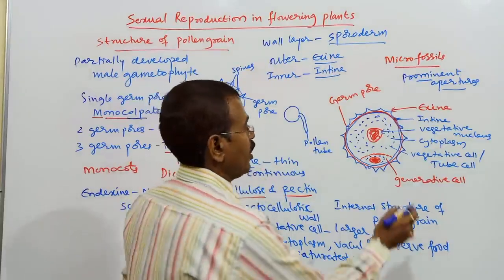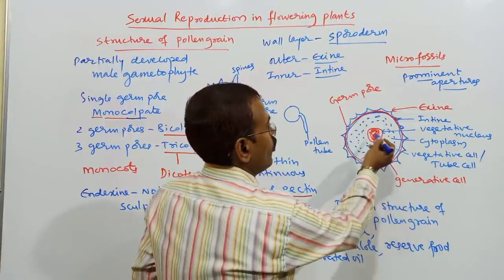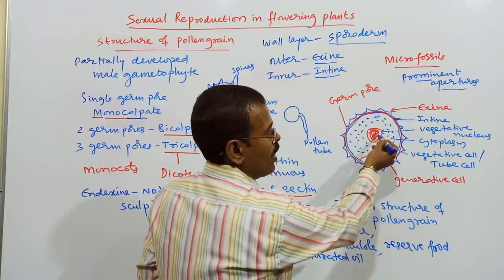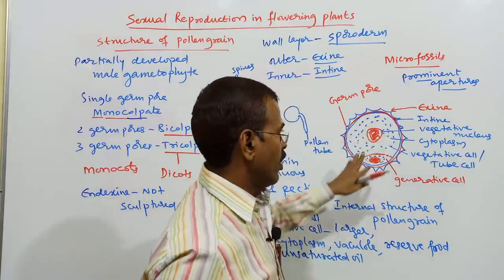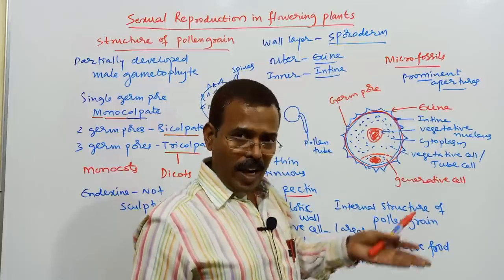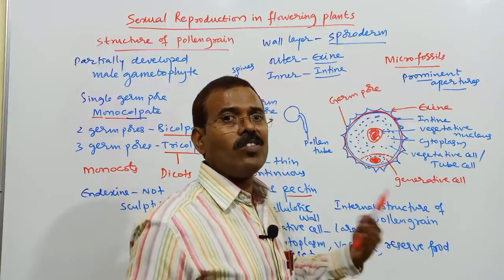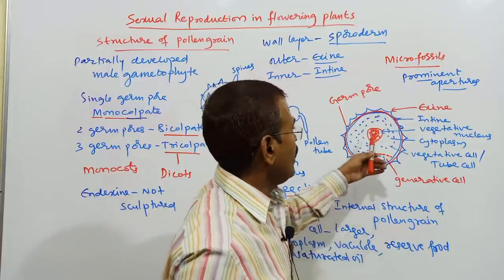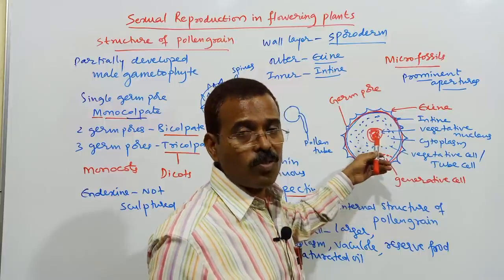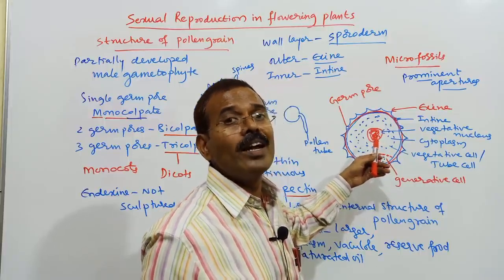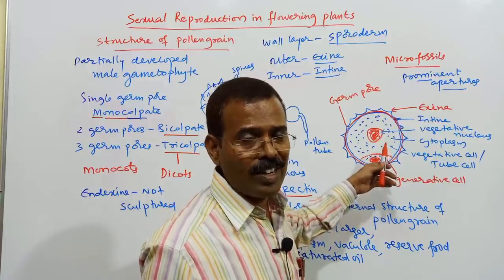It has an irregular shaped nucleus, the vegetative nucleus or tube nucleus. This vegetative nucleus can degenerate. It will not take part in fertilization.